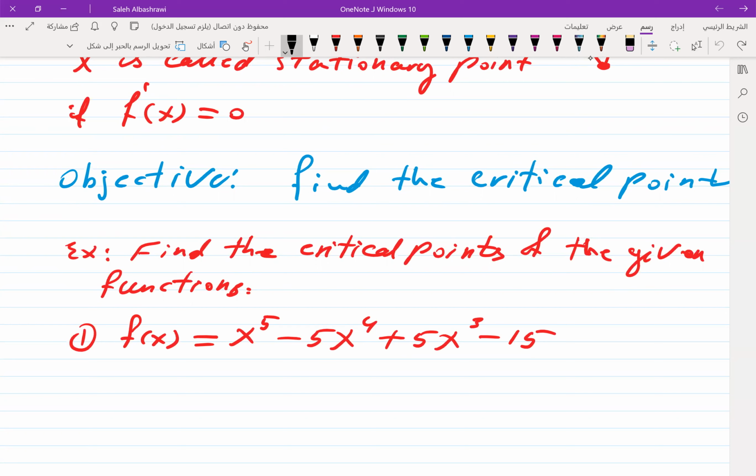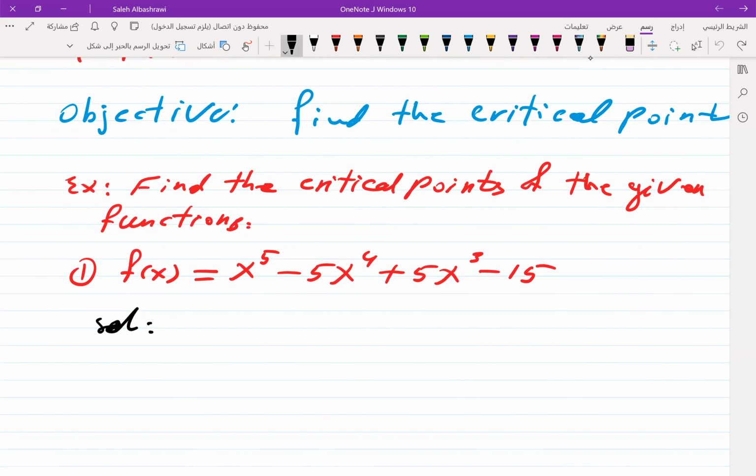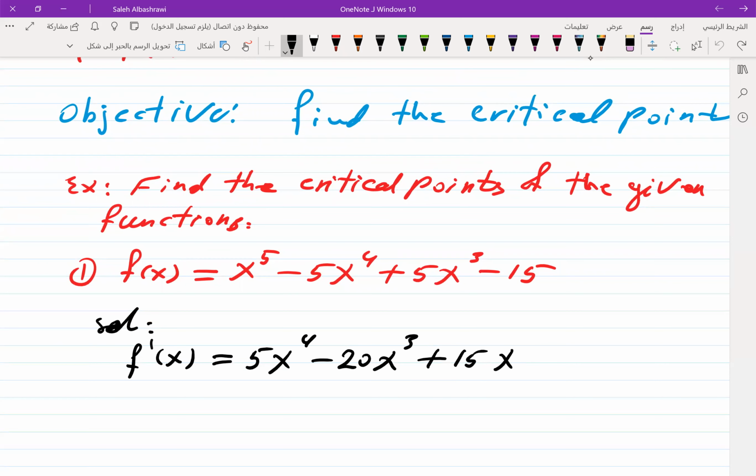Now to find the critical point, let's just differentiate. F prime of x is equal to 5x to the power 4 minus 20x to the power 3 plus 15x squared. And to find the critical point, just make this equal to 0 and solve the equation for x.